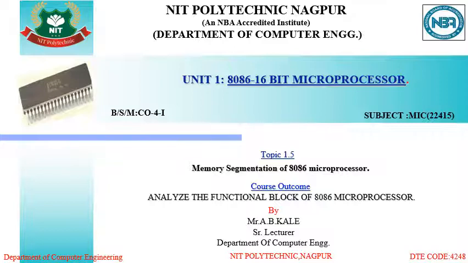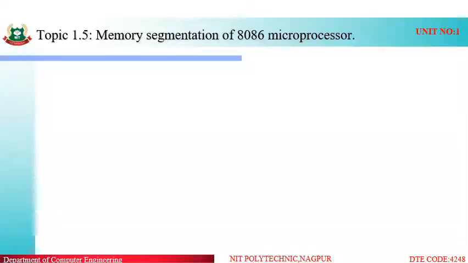So today our topic is memory segmentation in the 8086 microprocessor. In this topic we will study the segmentation process. Segmentation means how we divide our total memory into different blocks or sections for our convenience, so we can use our memory efficiently.